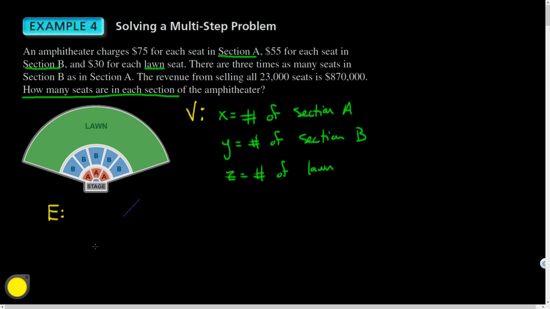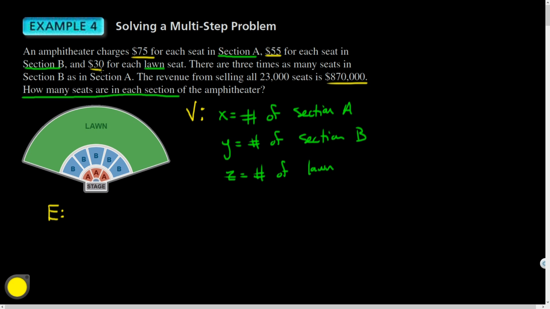Normally I've written these in different colors, but I'm going to have 3 separate equations. So let's break this down one sentence or fact at a time. They charge $75 for each seat in A, $55 B, $30 for the lawn. And then they make a total of that much money.